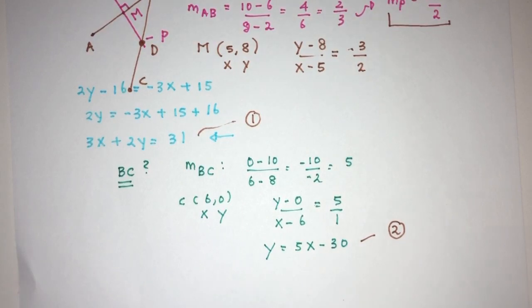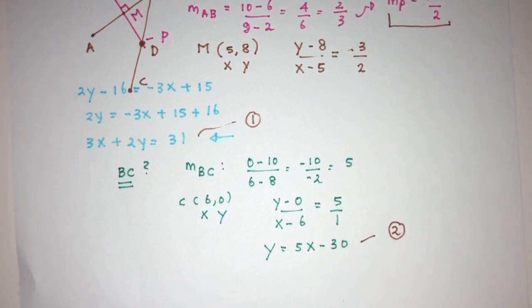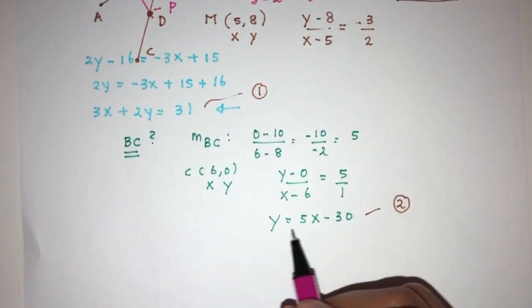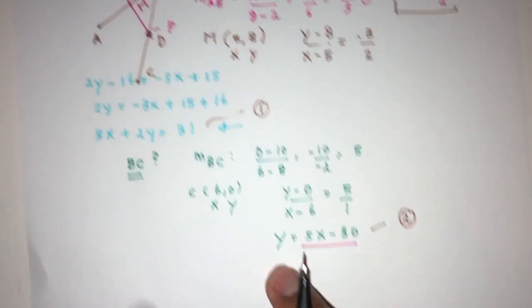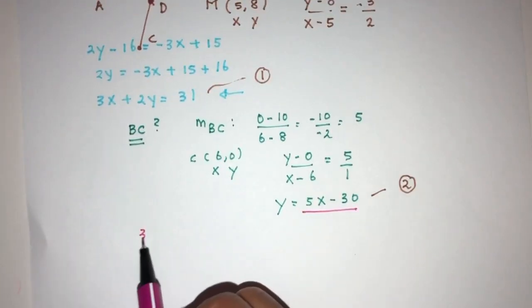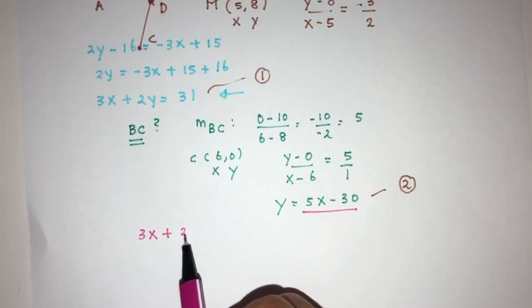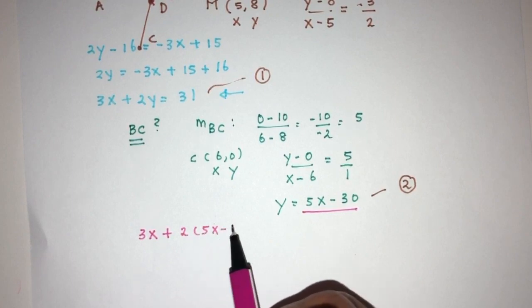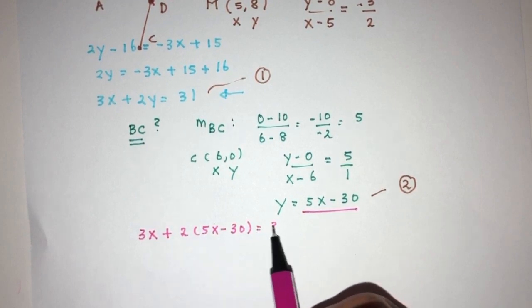Now we understand that the point D is the point of intersection of the bisector and the line BC. Whenever we have intersection, meets, join, or cuts, we have to solve a simultaneous equation. Here we have y as subject already. We can just replace y in this equation. You will have 3x plus 2 times y, that should be 5x minus 30, equal to 31.